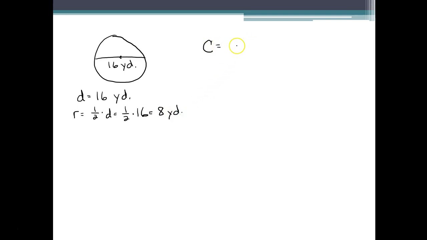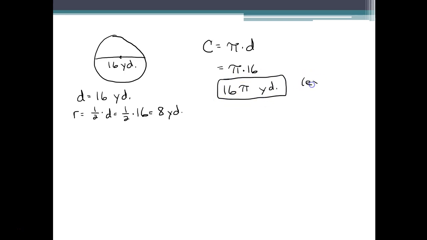So the circumference, we can do pi times the diameter. So we can do pi times 16. And actually 16 pi yards is an exact answer. Or we can put this in our calculator and round.